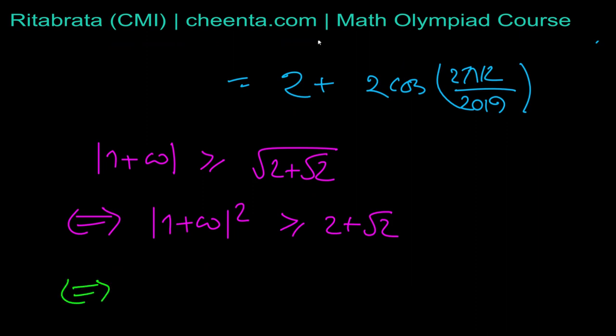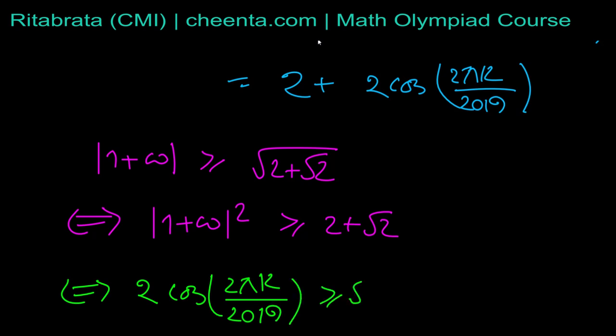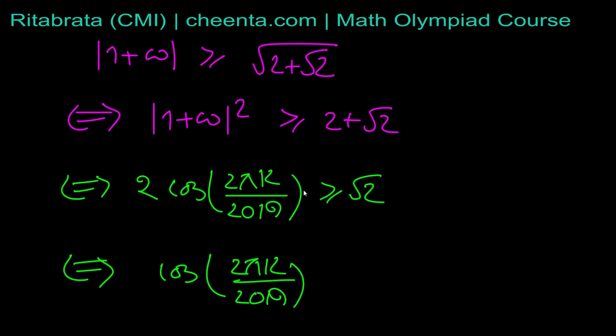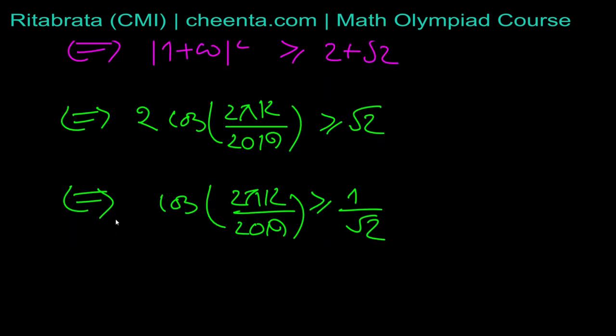This is an important condition: 2 cos 2 pi k by 2019 should be greater than or equal to root 2, if and only if cos 2 pi k by 2019 is greater than or equal to 1 by root 2.